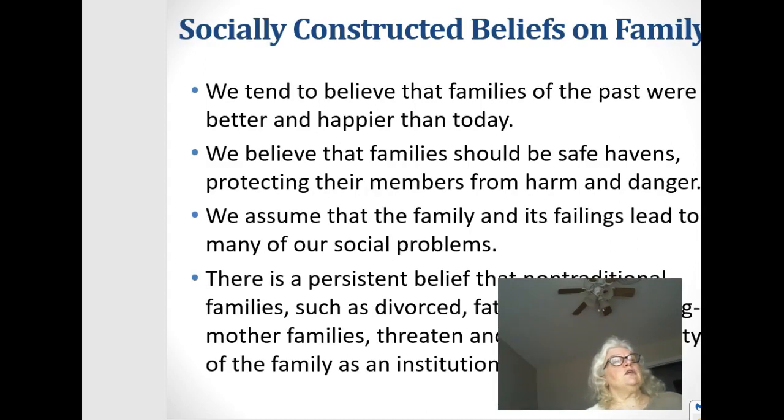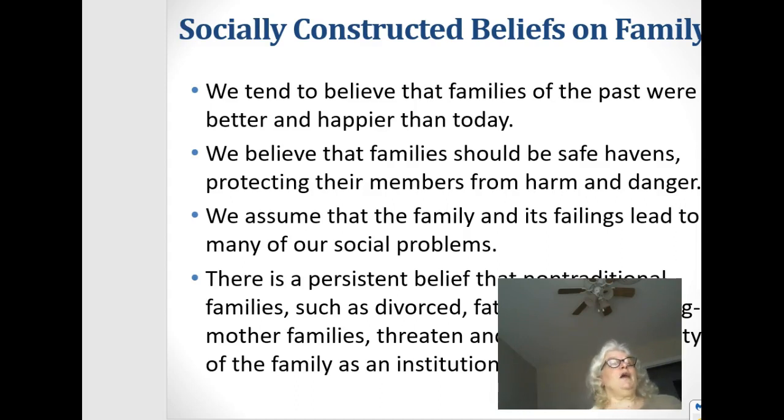So, socially constructed, back to that idea. We tend to believe that families of the past were better and happier than today, and we will see that that's not necessarily true in any way, that there were significant issues in the past. We believe that families should be a safe haven, protecting their members, and we know that that is not the case.